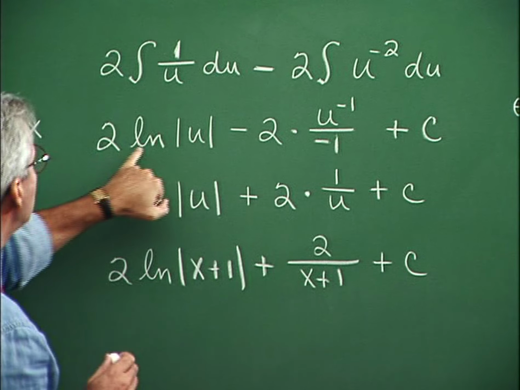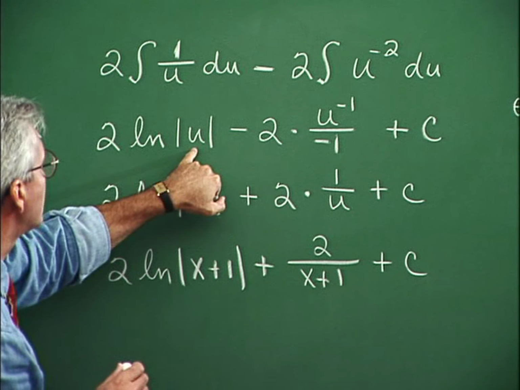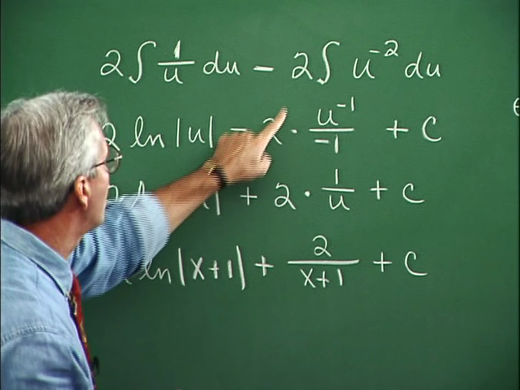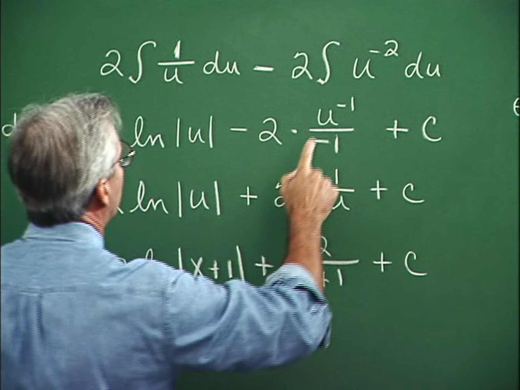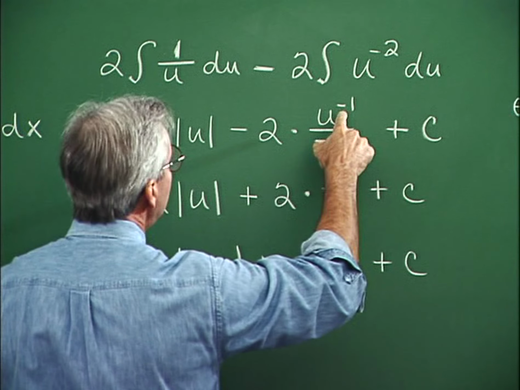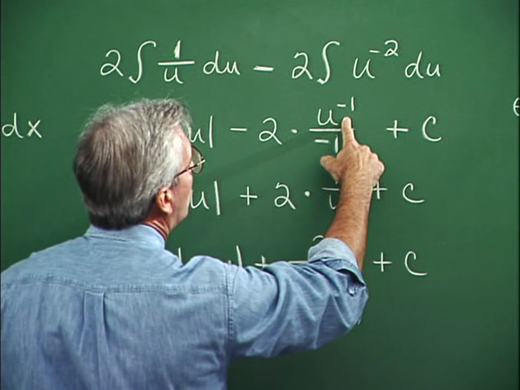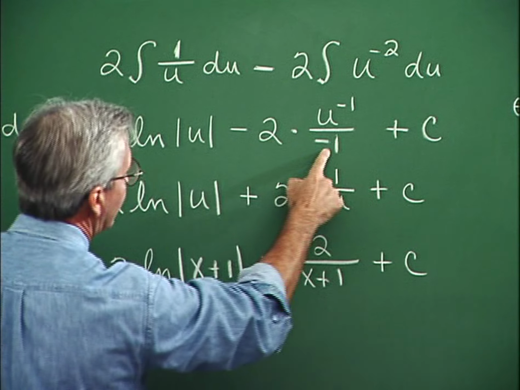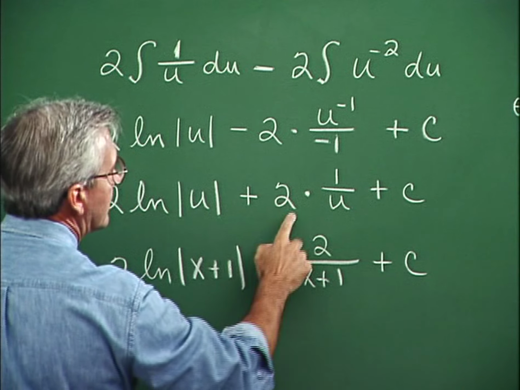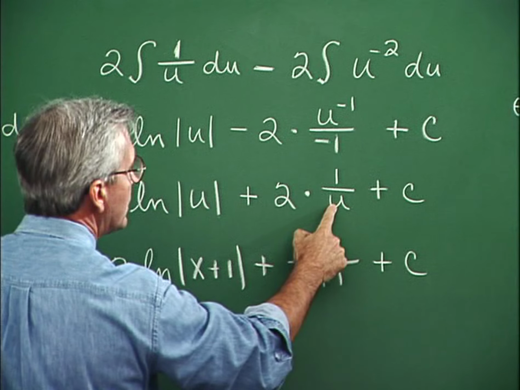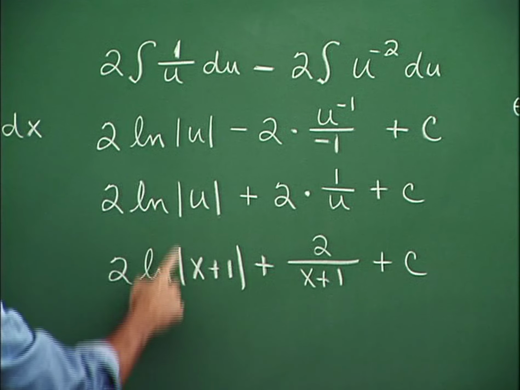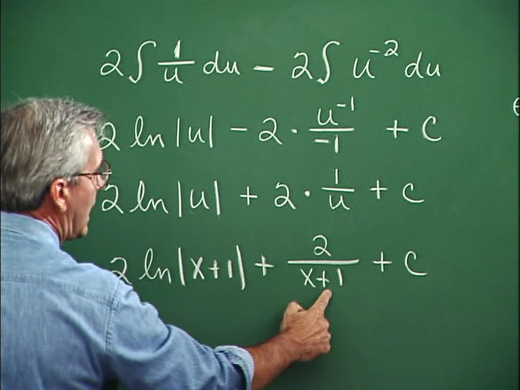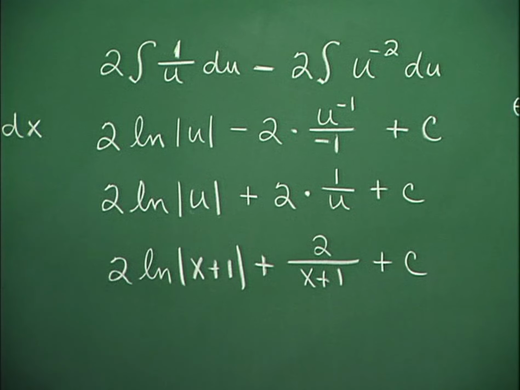So it's 2 natural log absolute value of u, and then over here minus 2 times u to the negative 1 over negative 1, and we can clean this up a little bit. The negative negative becomes positive, and this is 2 times 1 over u. And then we just do a back substitution. u is x plus 1 in both cases, and we're done.